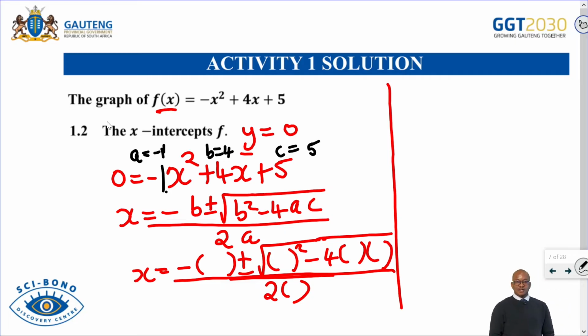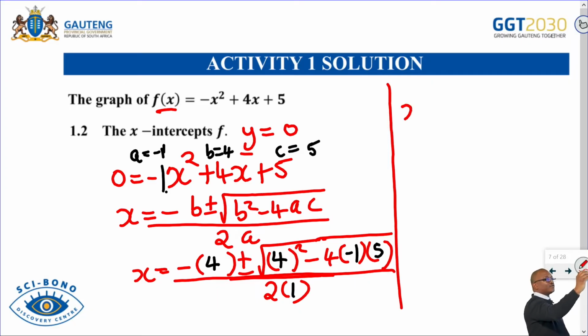As you pick the values and indicate them on your equation, you must make sure that you also take the signs of those values. So when we substitute, b is 4. Where there is b, we substitute 4, and then we substitute a. a is -1, and c is equal to 5.